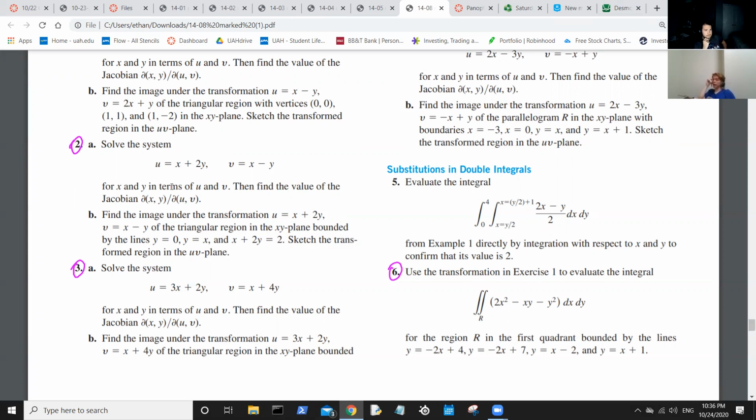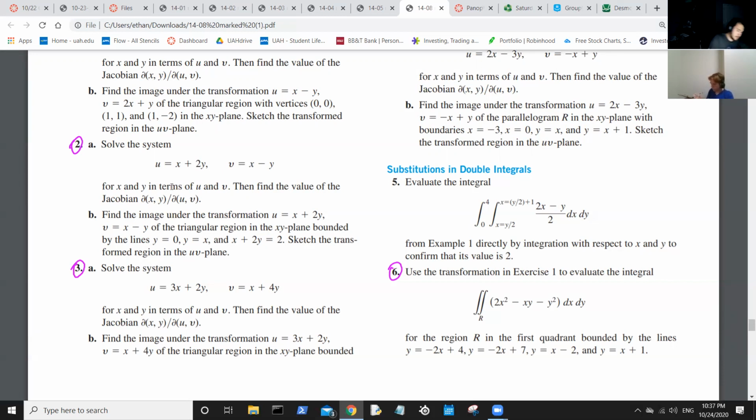So we can make a single function out of these two, right? What we have to do is add and subtract them. For example, this is like linear algebra. So, we can do x pretty easily. If we do u minus v, we would have u minus v is equal to 3y.